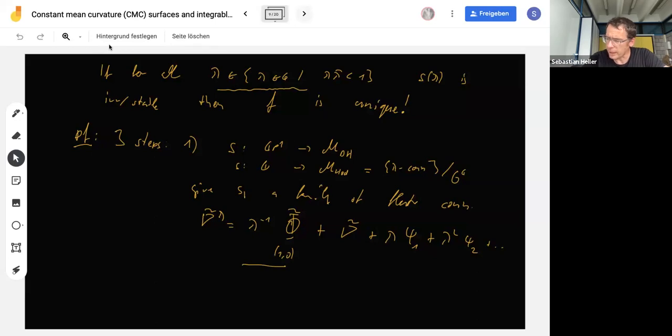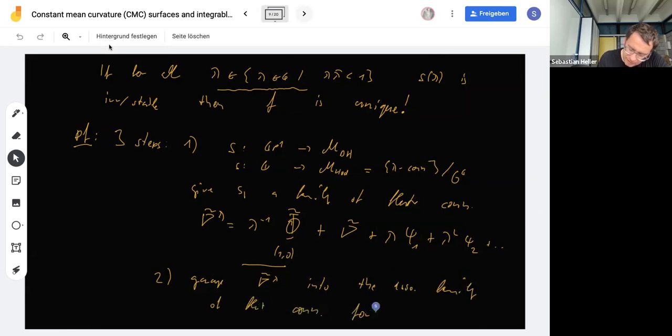So right, then the second step would be to gauge this lift nabla lambda into our form, into the associated family of flat connections form. So this means that we want to find a gauge transformation which somehow removes all the parts starting at lambda squared, and to make this connection nabla tilde unitary and psi1 to be minus phi star.